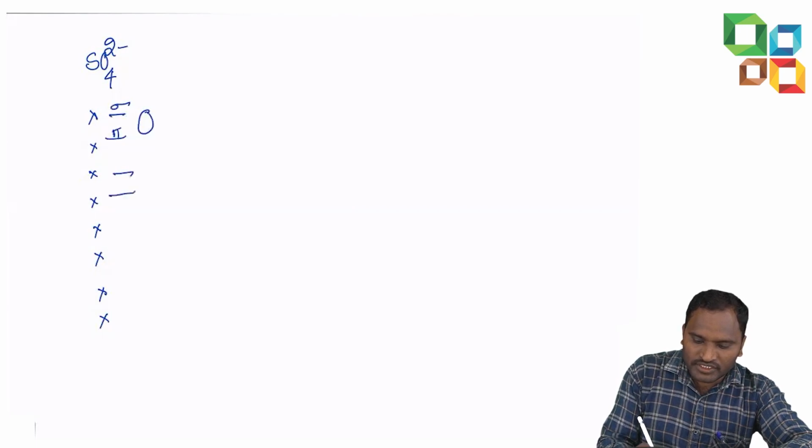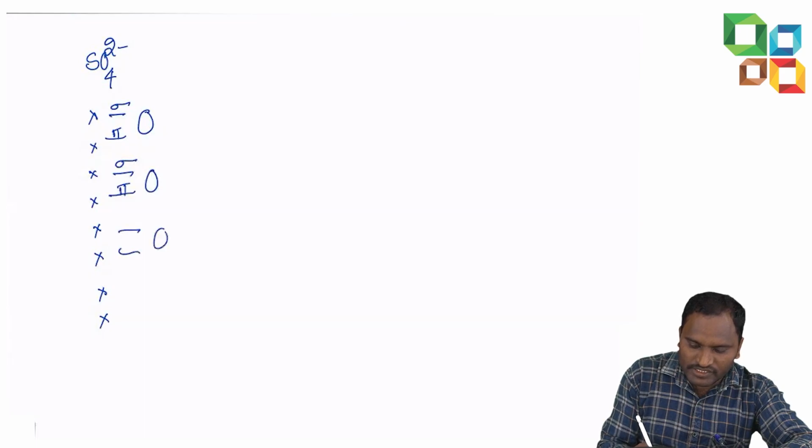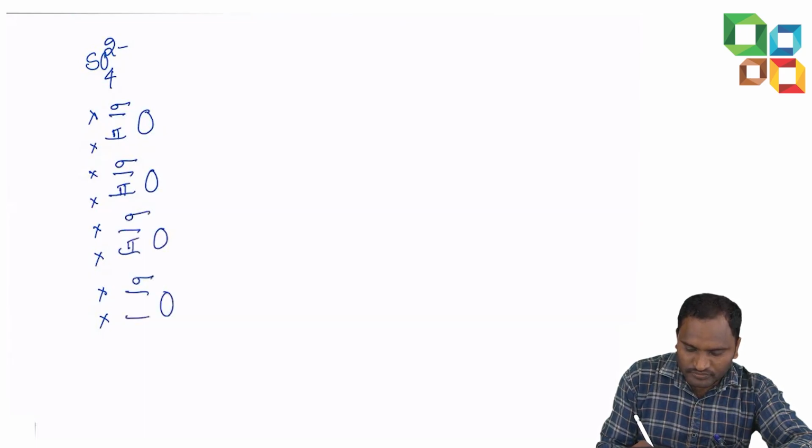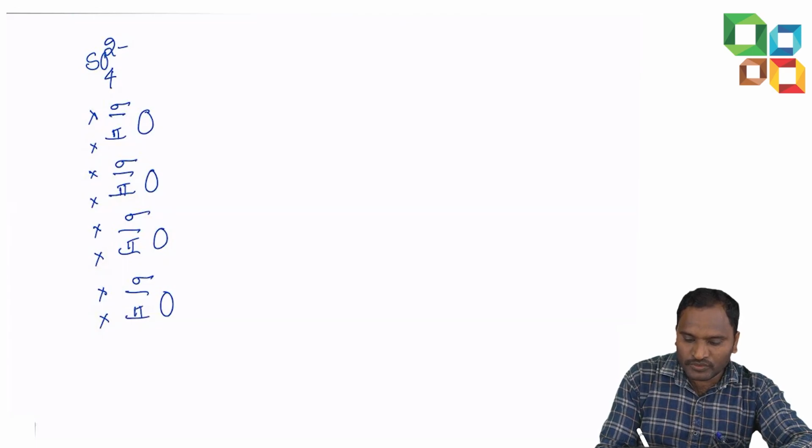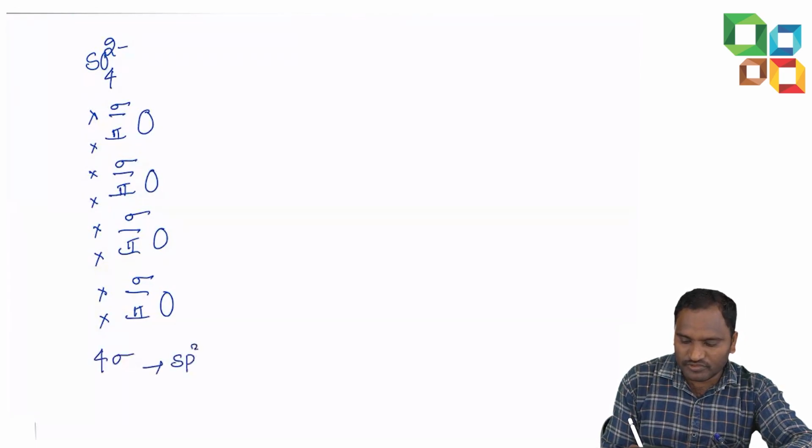Each oxygen can form 2 bonds. One is a sigma bond, another one is a pi bond. So you have to consider only sigma bonds. 1, 2, 3, 4. 4 sigma bonds. sp3 hybridization. Easy, students.